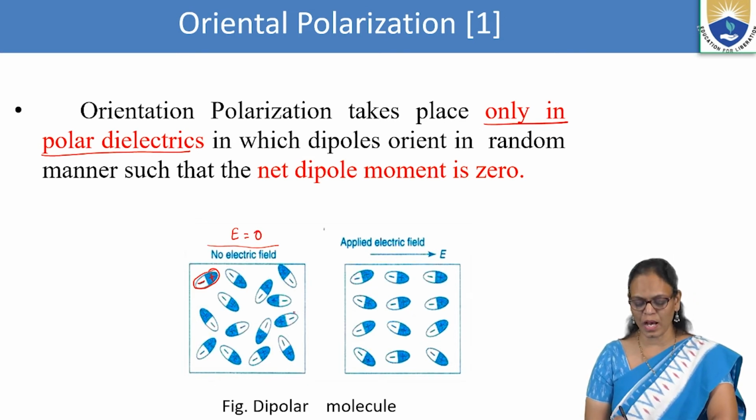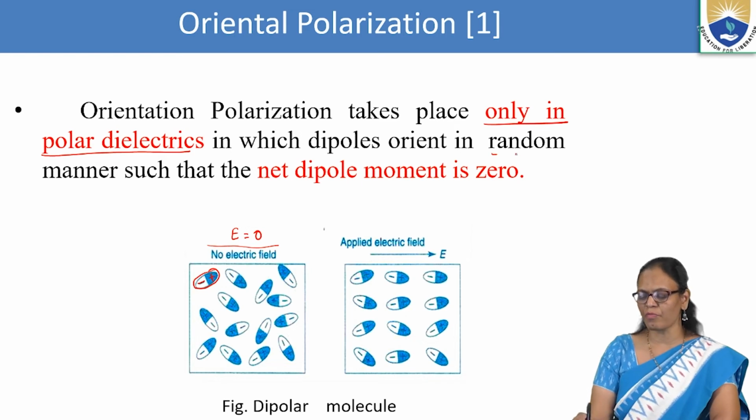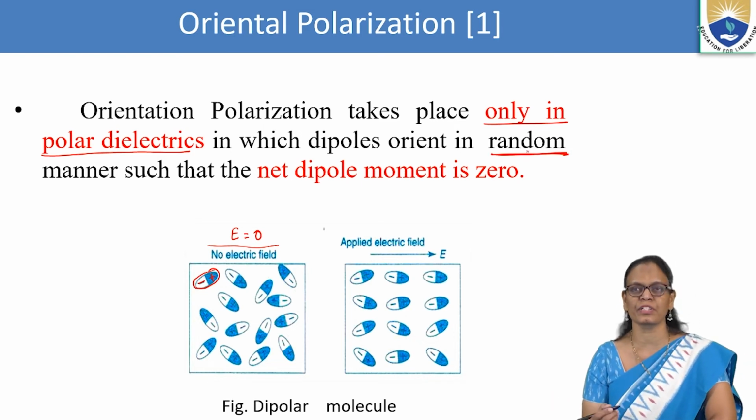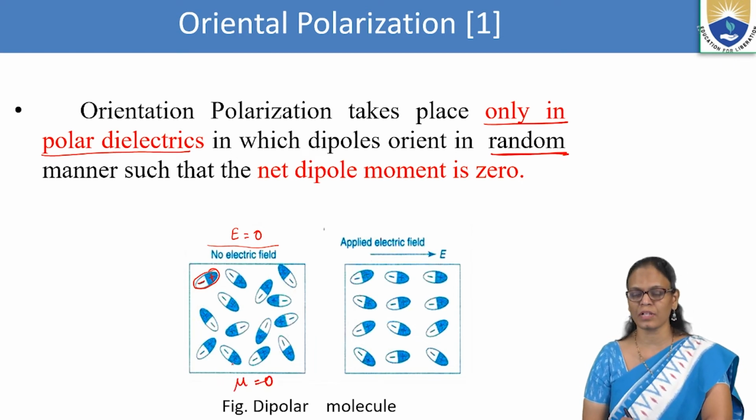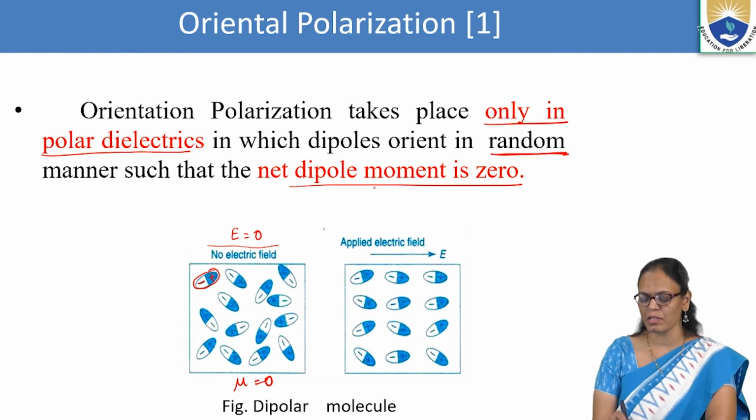These dipoles are oriented in random fashion, random manner. See, positive, negative here, negative is this side, positive. So there is no particular direction for negative and positive. They are in a random fashion. Random means in any direction they lie. So what happens is the net dipole moment is 0. They cancel out and the net dipole moment is 0.